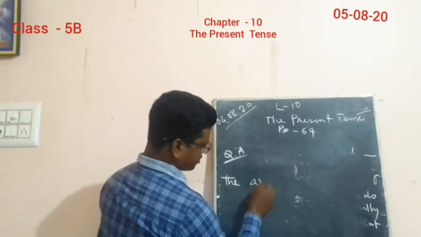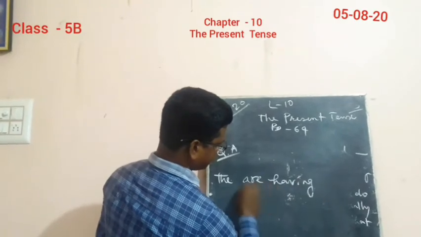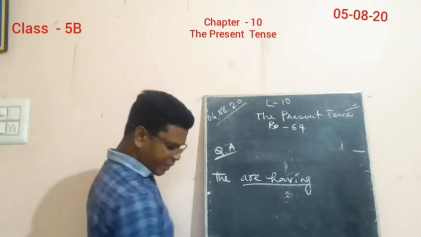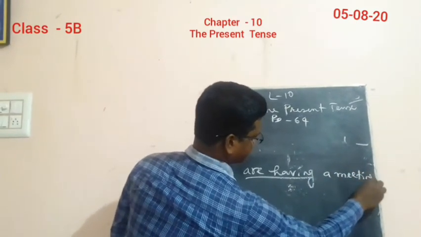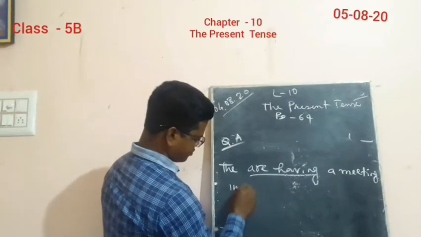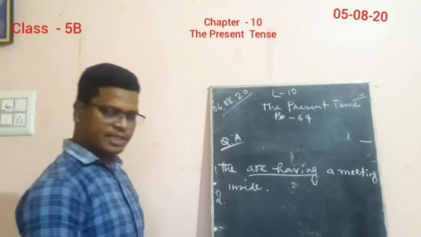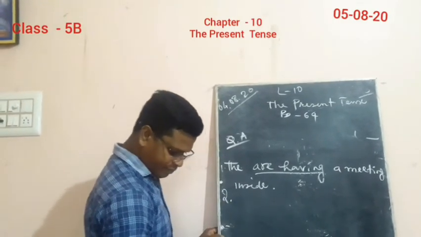They are having a meeting inside. Now you will put the next one. Okay, next sentence you will give another number. Number 2.